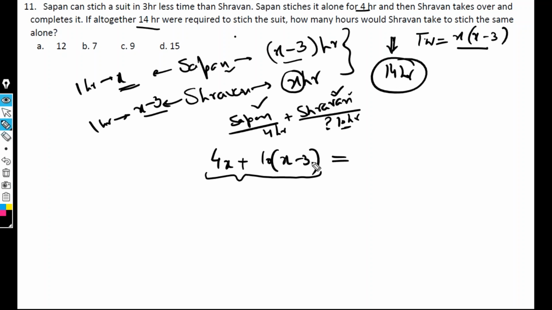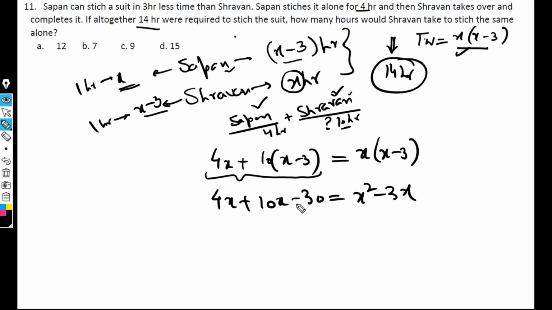So, this is your total work completed by Sapan and Shravan, which is equivalent to the total work x into x minus 3. We just need to solve this equation to find our answer. So it becomes 4x plus 10x minus 30 equals x square minus 3x. Bring all the values on the other side.